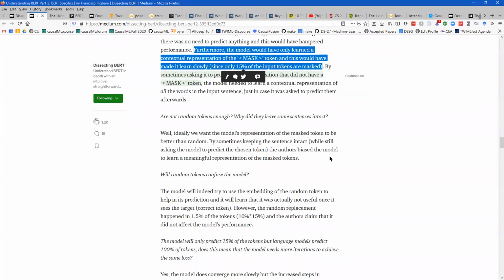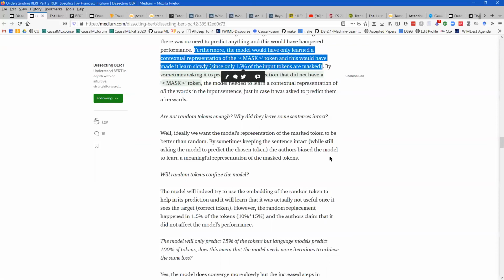But if you were to ask it to predict for a random word where there's actually a word, then the model is forced to get the contextual embeddings for all the words as opposed to just for mask tokens.